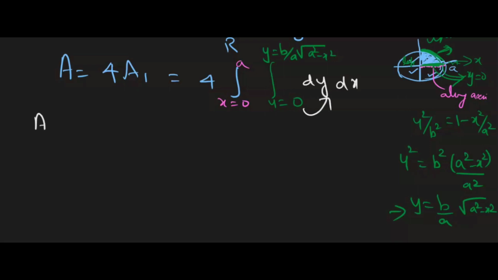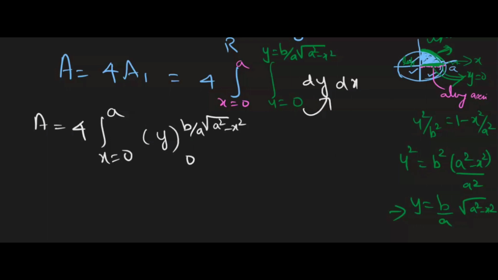So this area is equal to 4 into x from 0 to a. I am going to integrate with respect to y. If you integrate dy, you will get y. The limit is 0 to b by a into root of a square minus x square. The upper limit will be there because your lower limit is 0.